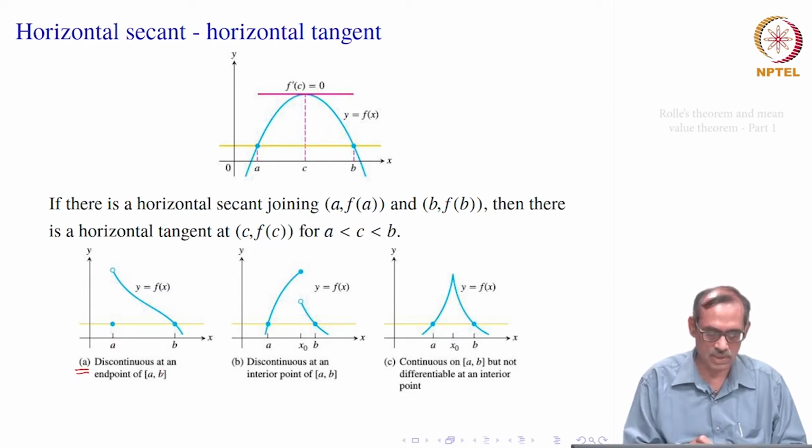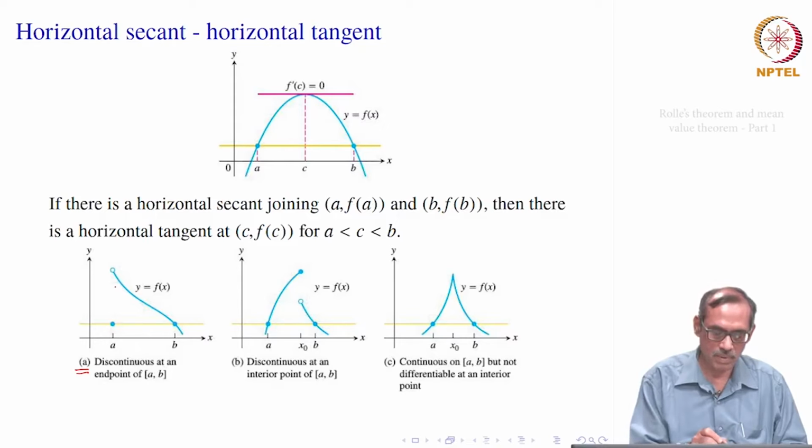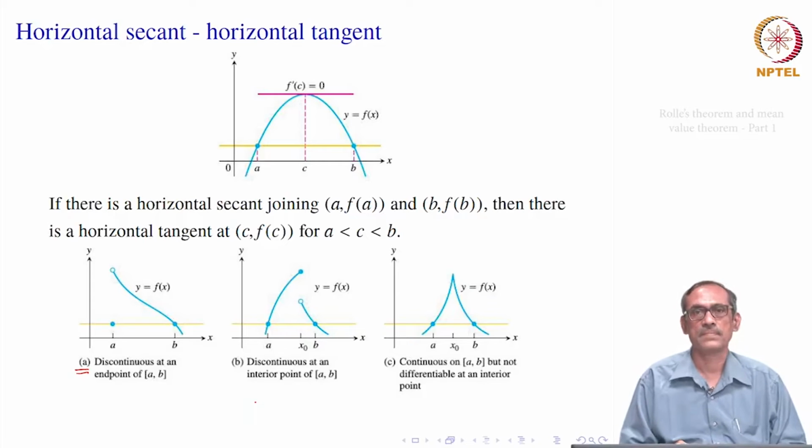There is a discontinuity of the function at the endpoint a. So, in this case you join a, f a to b, f b, though it is geometrically not a secant, but that is what it is, f of a equal to f of b, but that does not imply that there is a horizontal tangent. Nowhere is there a tangent to the curve which is horizontal. So, continuity on the whole interval a b is important.